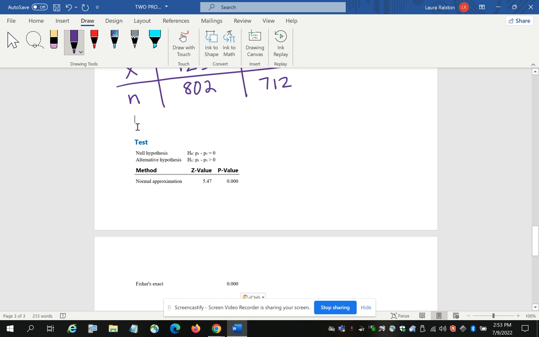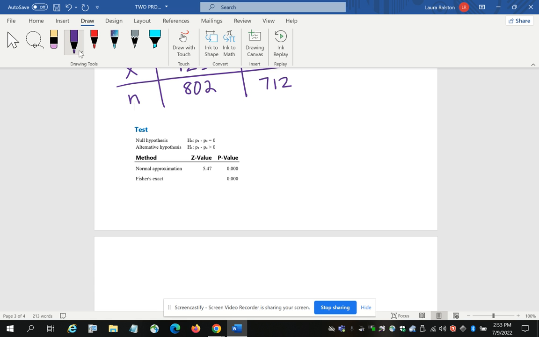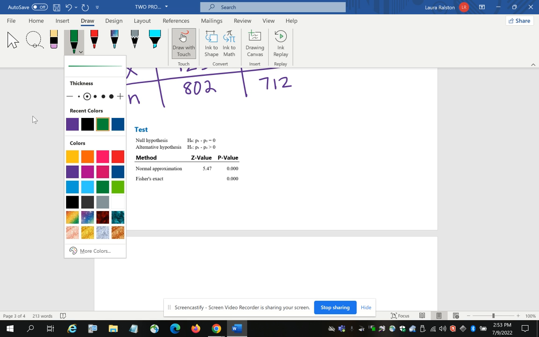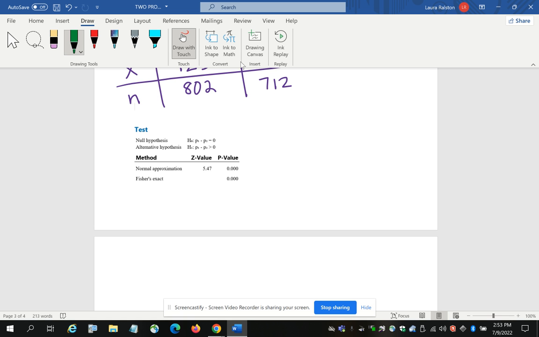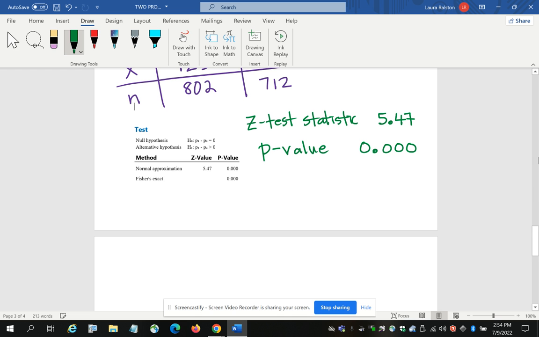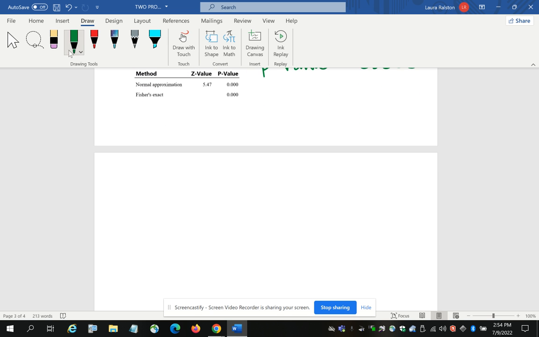Okay, so if we look at the results from Minitab, again reading the normal approximation, we find that our z-test statistic is 5.47 and the p-value is 0. We then compare the p-value to alpha.